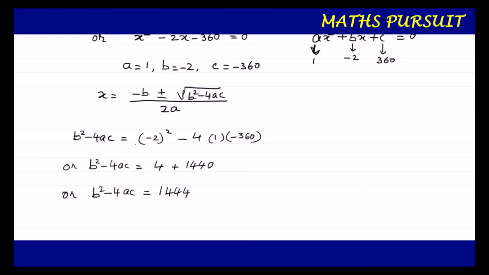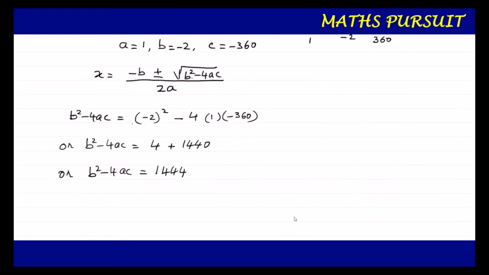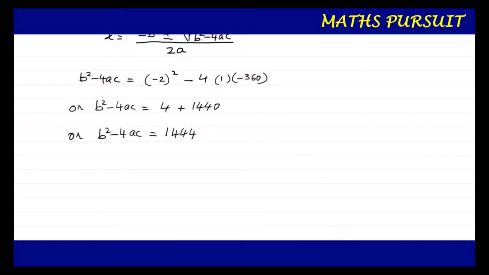Now let us put these values in our quadratic equation formula and get our answer. So I can write x is equal to minus b. Minus b means our b is minus 2. So minus minus 2 plus or minus root over 1444, upon 2 into a, where the a value is 1.